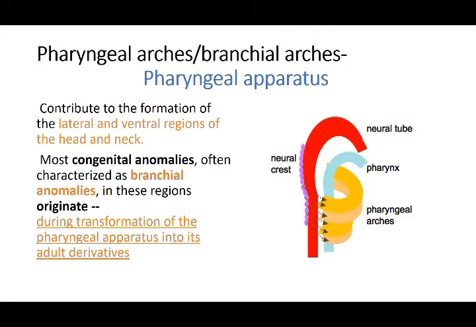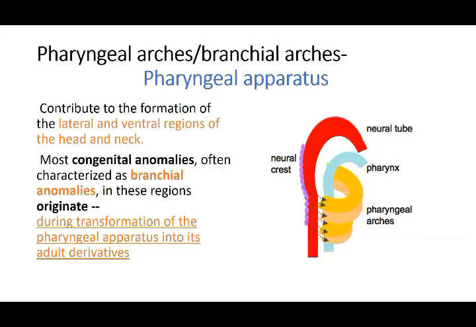These anomalies occur during transformation of the pharyngeal apparatus into its adult derivatives, that is, from incomplete development to the complete. That is something when differentiation or maturation is occurring. That is the time when abnormalities, as we've already said, are most liable to occur.